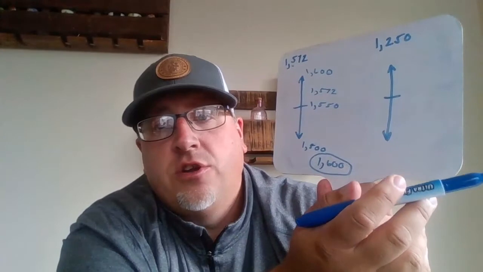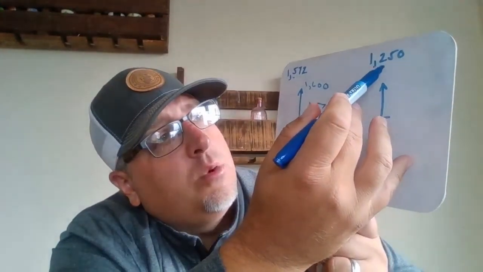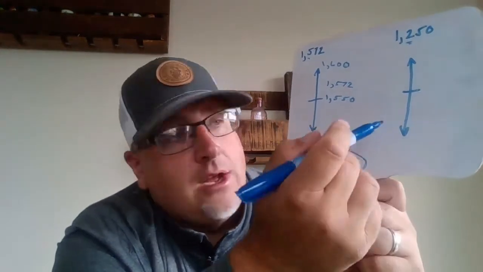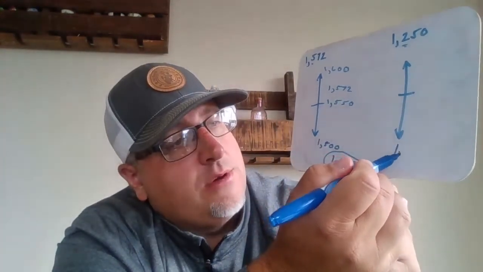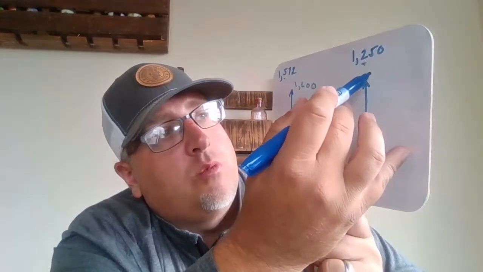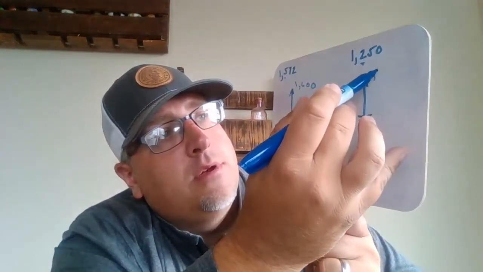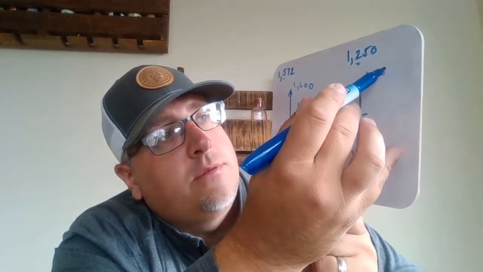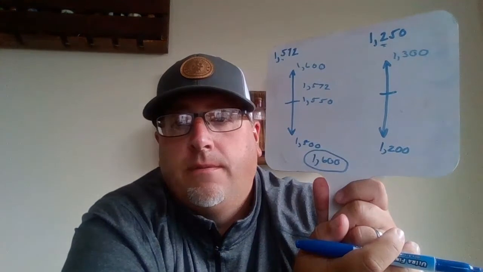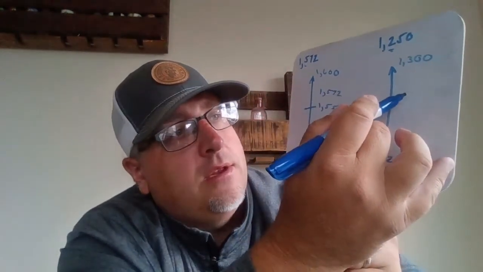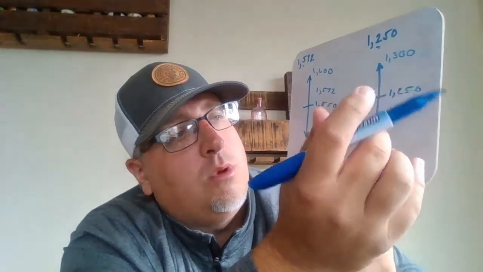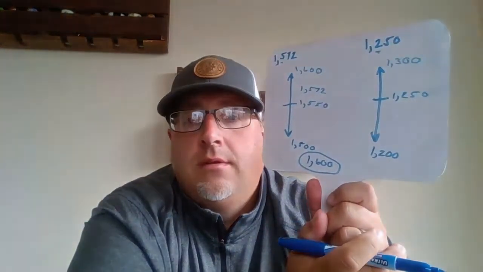So let's go over this one. We got 1,250. We're going to look at that 2 right there. That's going to tell us, are we going to round down to 1,200, or are we going to round up to 1,300? So 1,200 and 1,300. Our midpoint is 1,250.